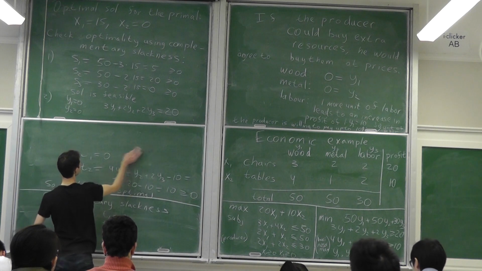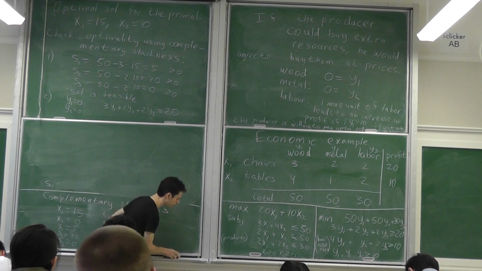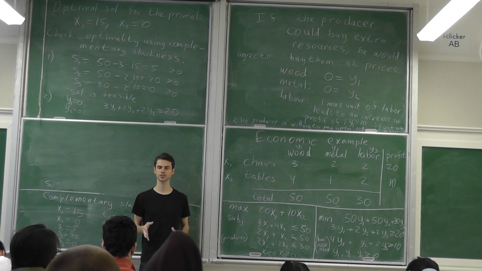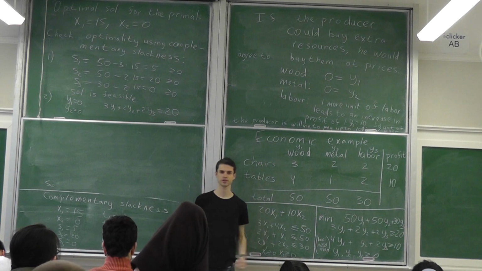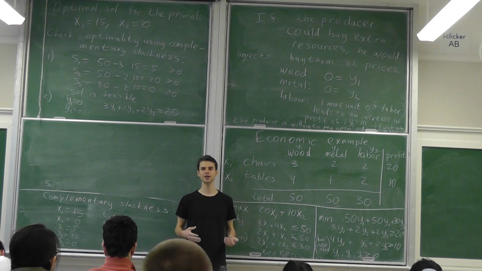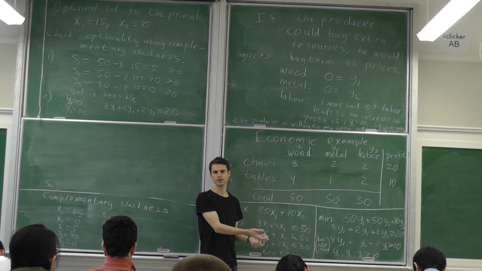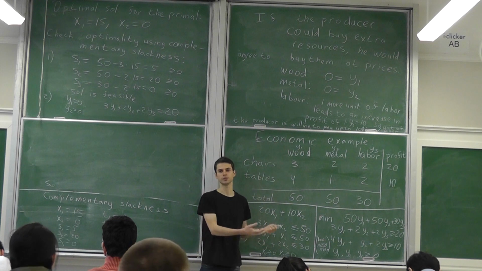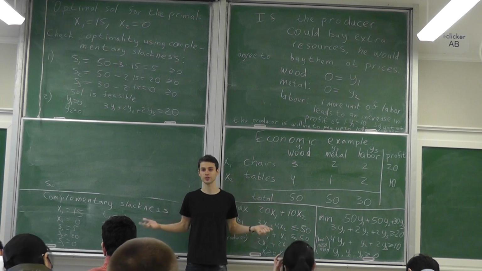In this interpretation, the dual variables have a name in economics. They are called shadow prices of the resources. They are the prices for which you are willing to buy extra capacity from the market. If you can buy at a lower price, you are happy, you can increase your profit.